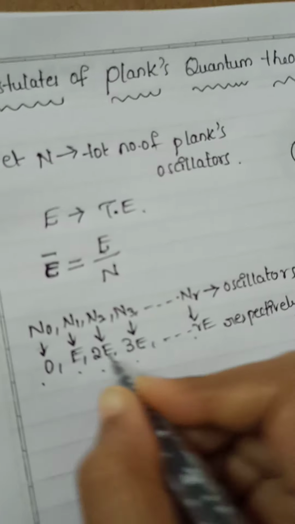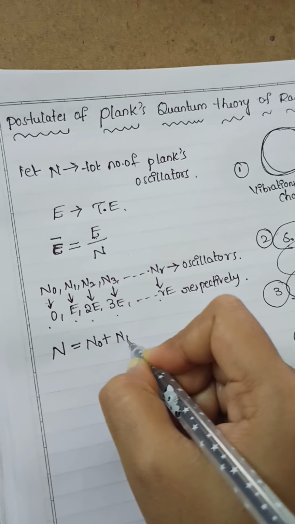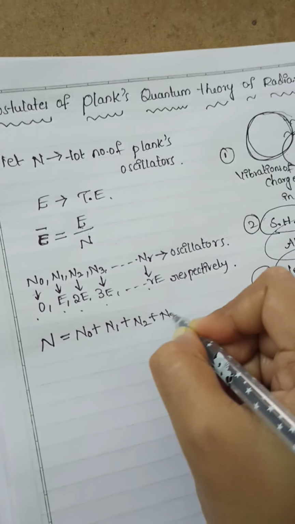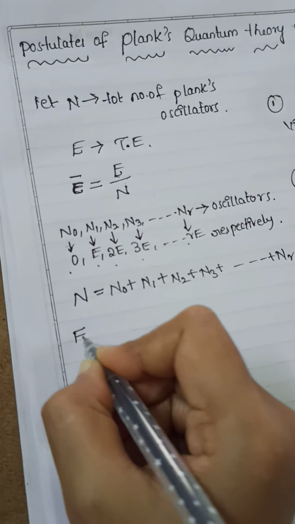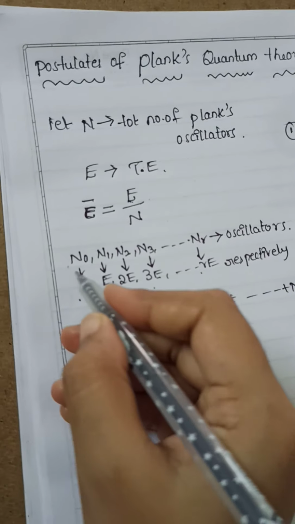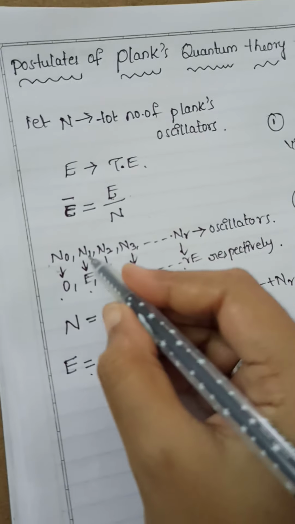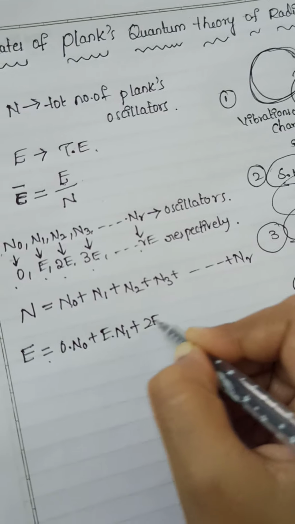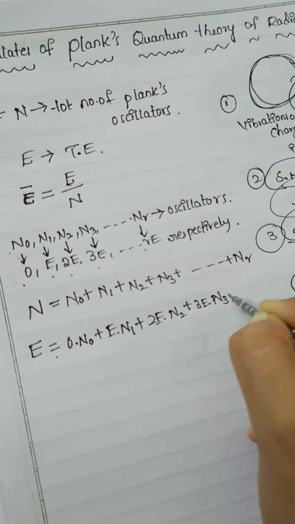Then the total number of oscillators can be represented as N0 plus N1 plus N2 plus N3 plus up to Nr. The total energy is the multiplication of the corresponding energy with the number of oscillators: 0 into N0 plus E into N1 plus 2E into N2 plus 3E into N3, up to rE into Nr.